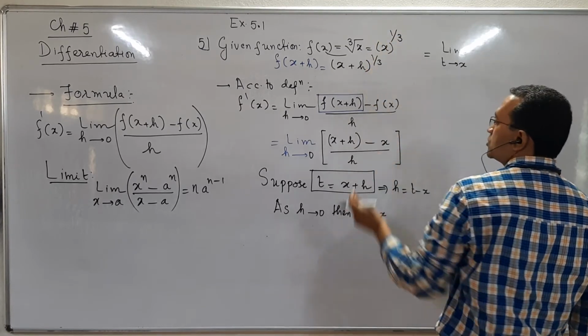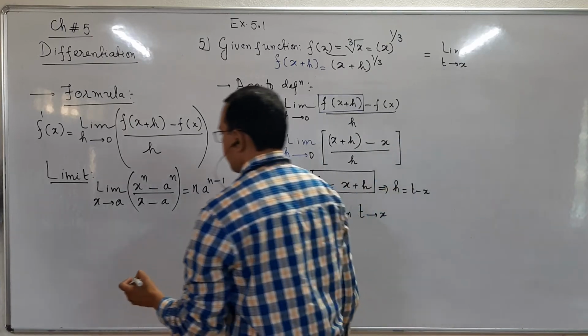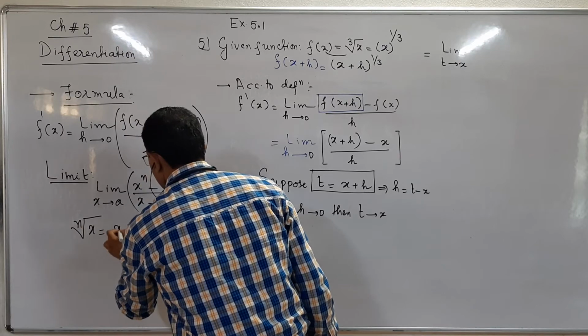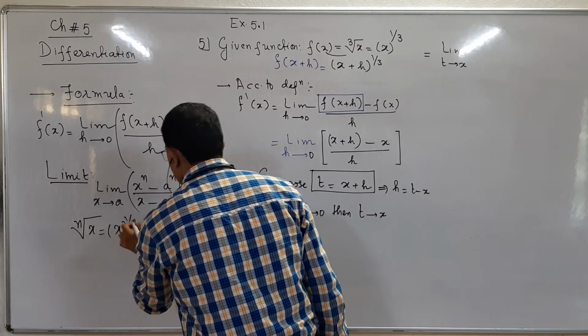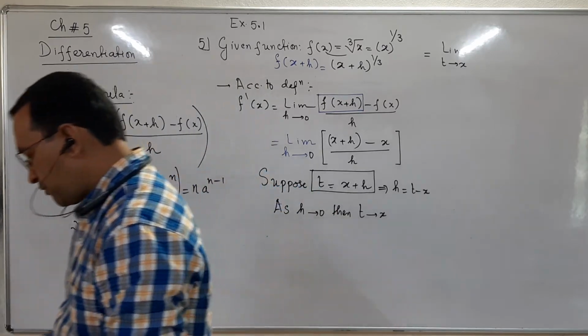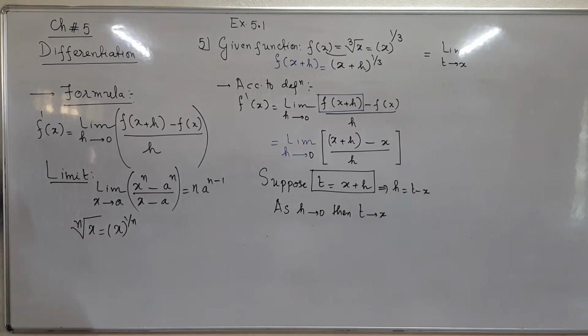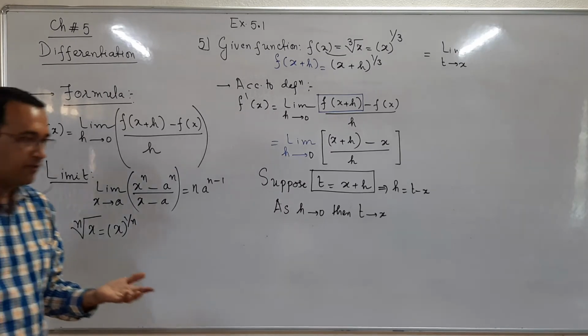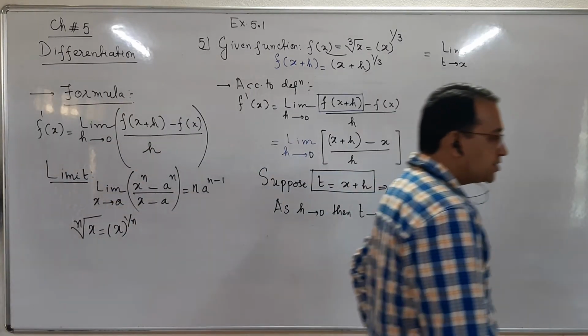Yes or no? Of course. Students, nth root of x is written as x to the power 1 by n. So, square root is power 1 by 2, cube root is power 1 by 3, fifth root is power 1 by 5, seventh root is power 1 by 7, students.